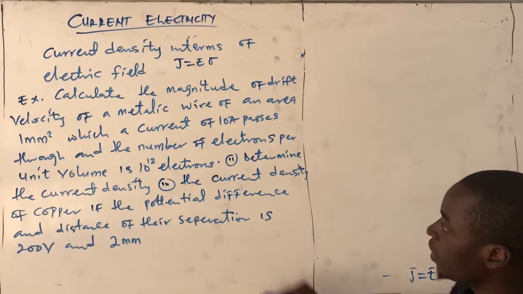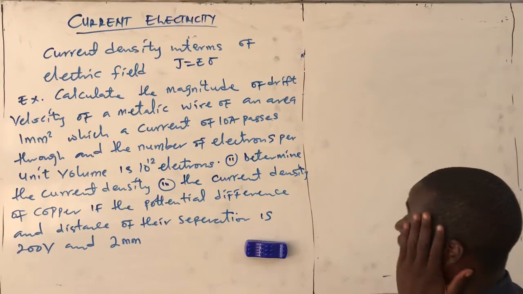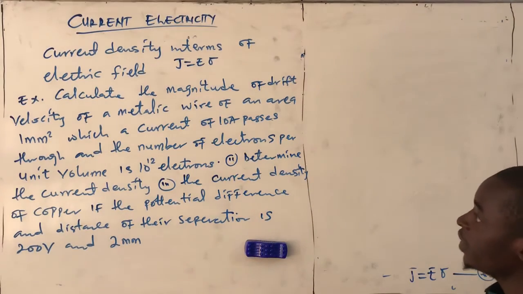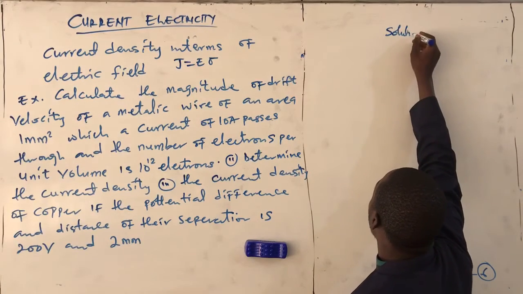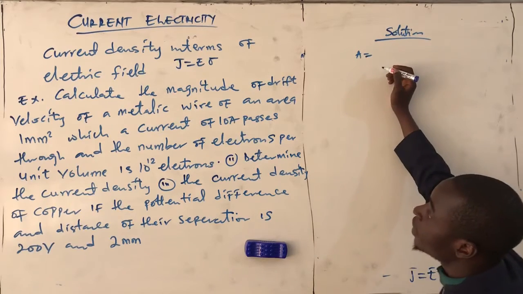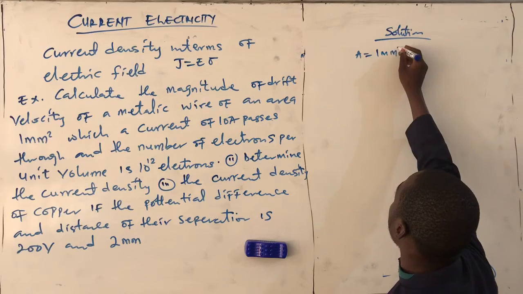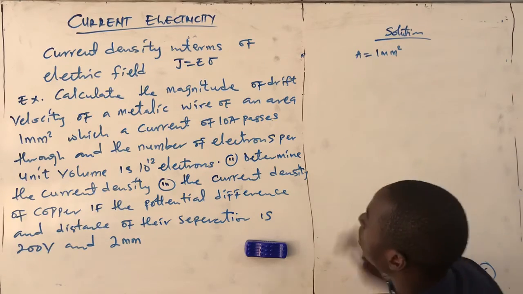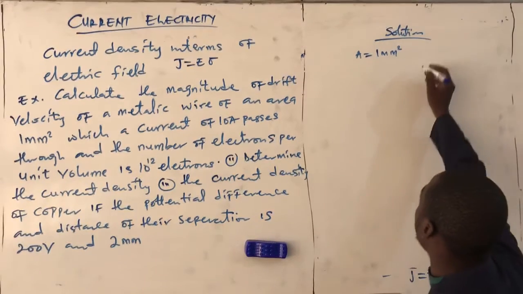The question says to calculate the magnitude of the drift velocity of a metallic wire of area 1 millimeter square, which carries a current of 10 ampere.